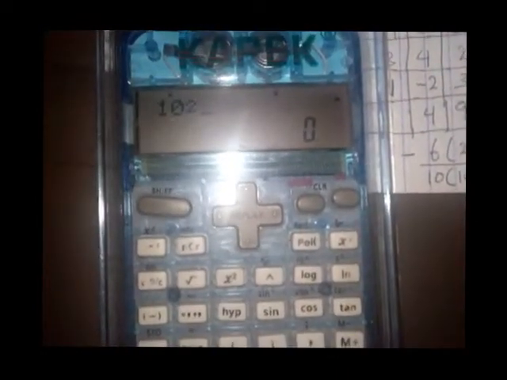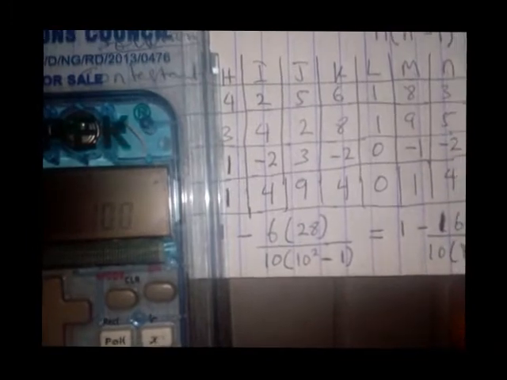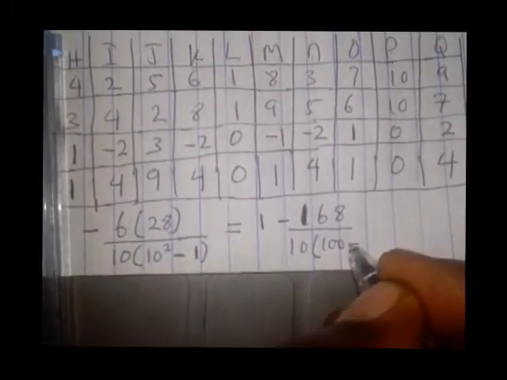So this gives me 168 over 10 raised to power 2. Obviously, 10 raised to the power of 2 gives me 100. So the 10 out there, that's 100 minus 1.